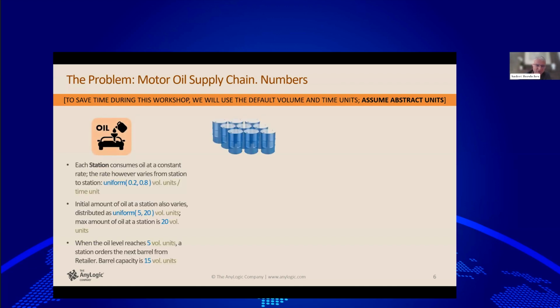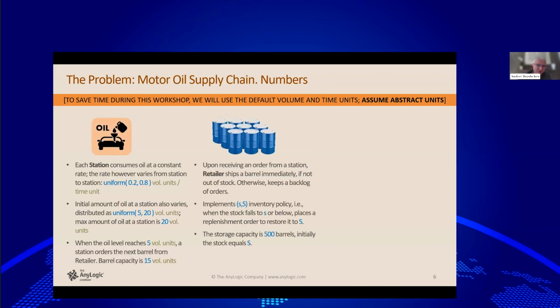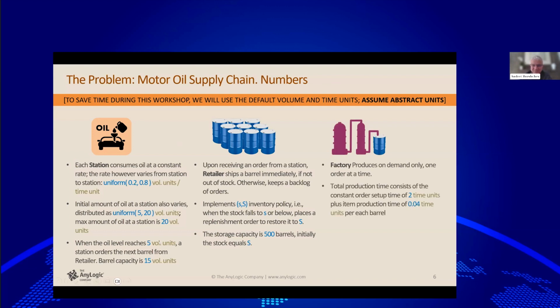We have some numbers for the oil change station, like consumption and oil levels, then the inventory policy for the retailer, my company, and some parameters for the factory.